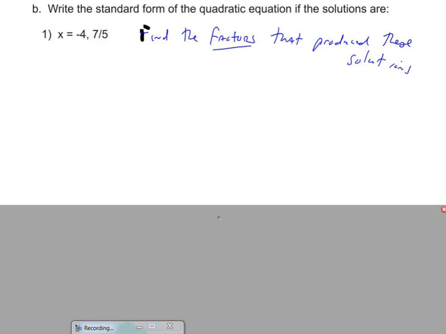Okay, I've thought about what's the easiest way to get you guys to understand this, and I don't know that I came up with the best way, but this is my thinking. You look at these, and you have rational number solutions. No roots, that's good. That makes life easy.